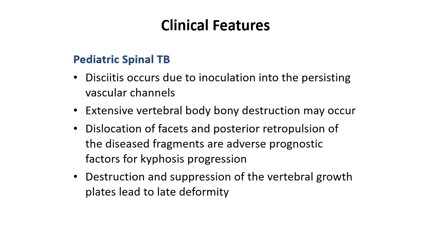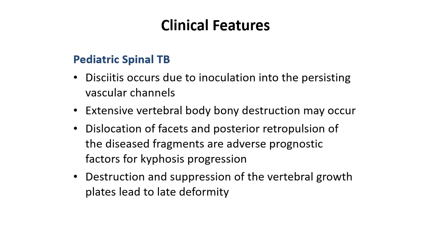In children, a discitis occurs due to inoculation into the persisting vascular channels in the disc, whereas the relatively avascular disc in adults leads to a subchondral infection initially with later involvement of the disc space.